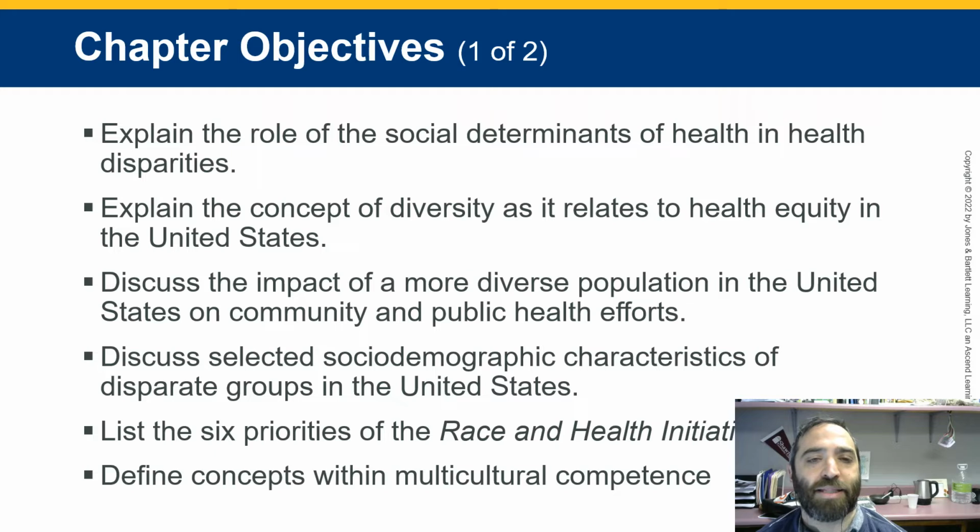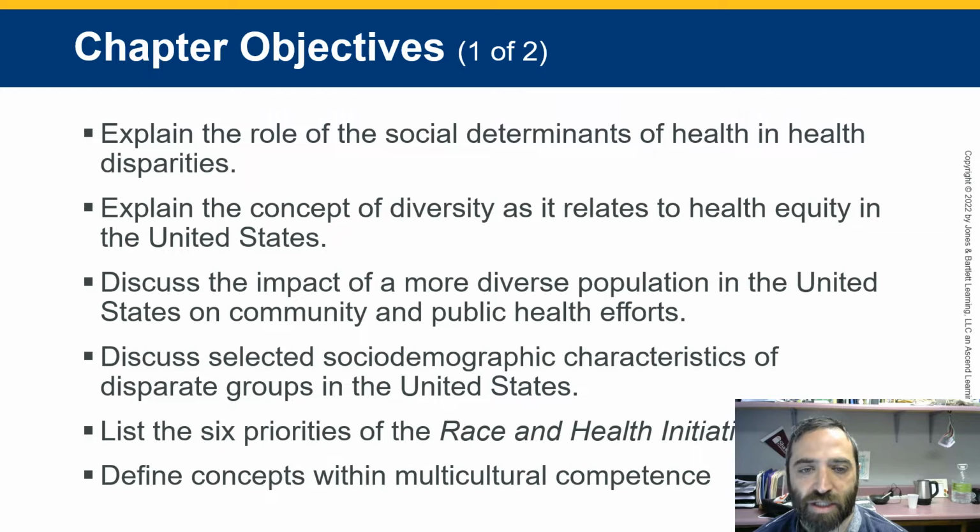Explain the concept of diversity as it refers to health equity in the United States. Discuss the impact of a more diverse population in the United States on community and public health efforts. Discuss selected socio-demographic characteristics of disparate groups in the United States.